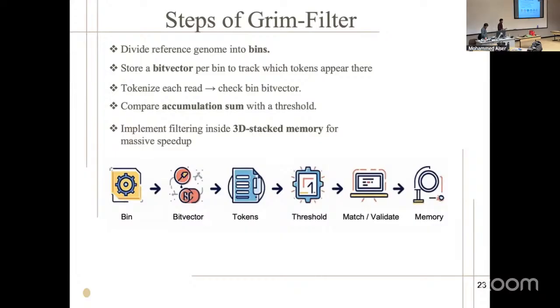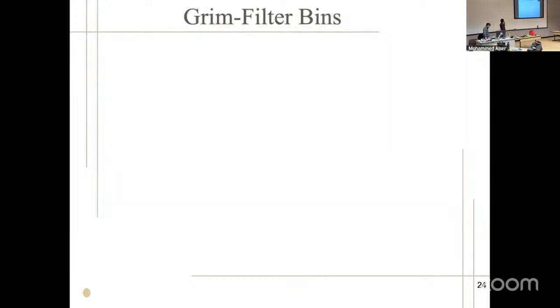If it matches, we mark it as 1, otherwise 0. We'll discuss 1 and 0 in the next slide. After matching, we check whether the bit vector has passed the threshold limit or not. If it has, it goes for match and validate, and after that it goes to the memory where all this process is going on.